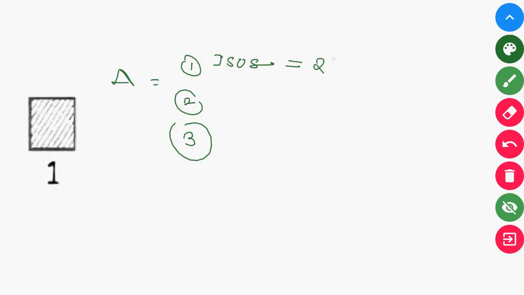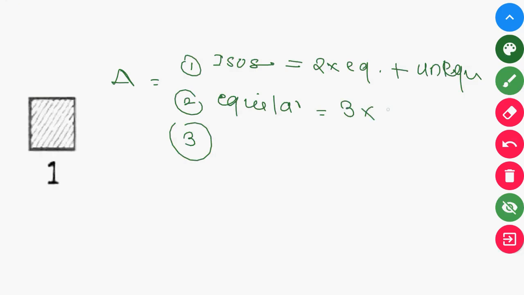Okay, so what is the formula for the perimeter of a triangle? There are three options. If the triangle is an isosceles triangle, then equal side into 2 plus unequal side. If it is an equilateral triangle, means all sides of equal length, then the perimeter of the triangle is 3 into the side length.